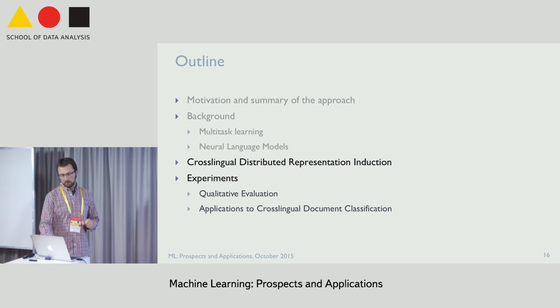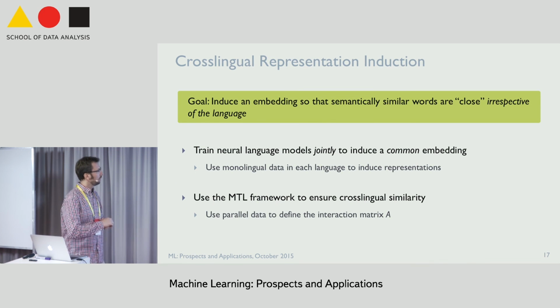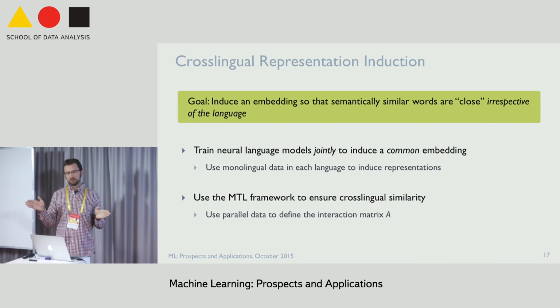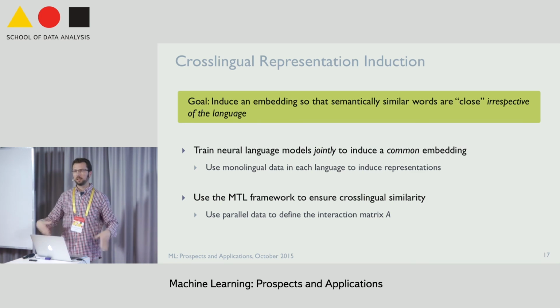Then we can put the NLM, the neural language model idea, and the multitask learning idea into the same objective, and that's exactly what we try to do. So what we're doing is we're now proposing to train 2 language models separately using large monolingual data sets in each one of the 2 languages.